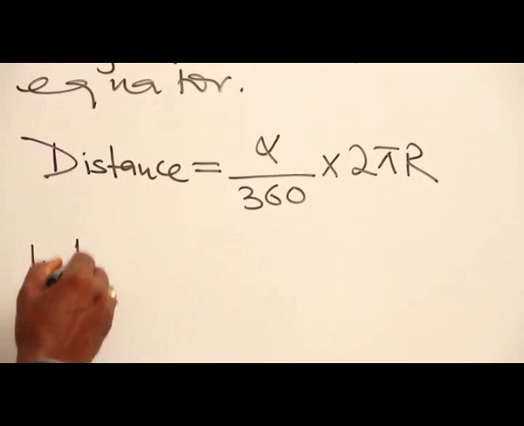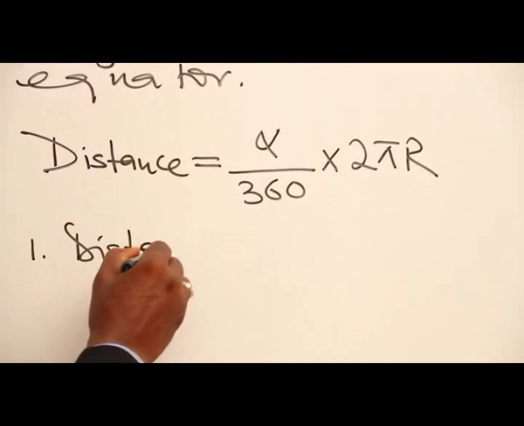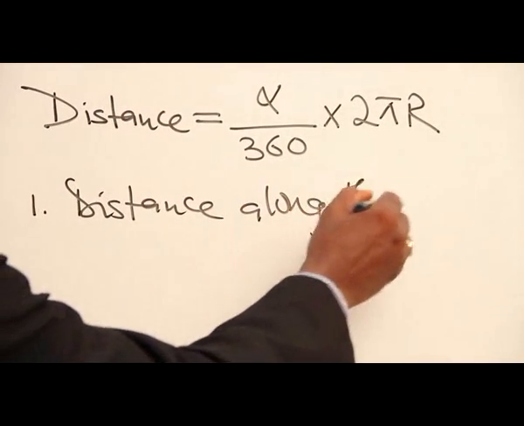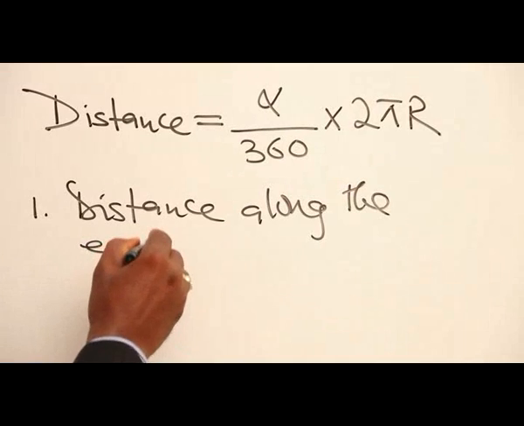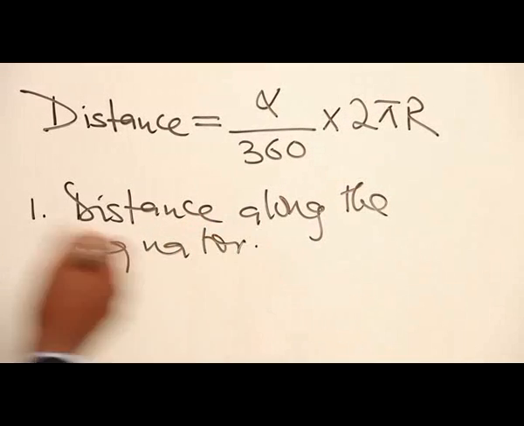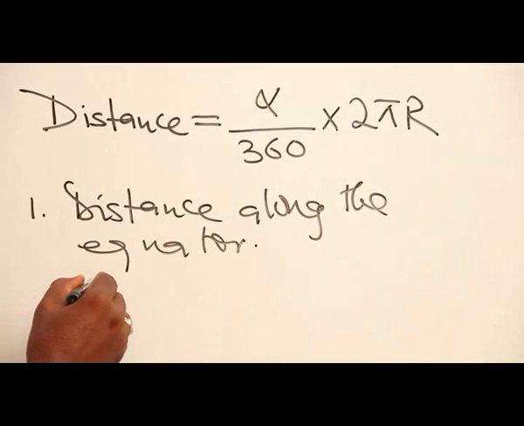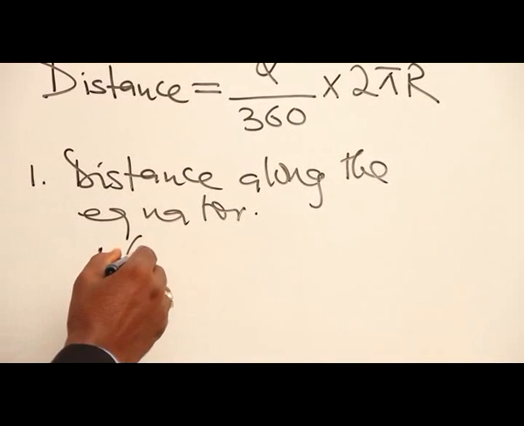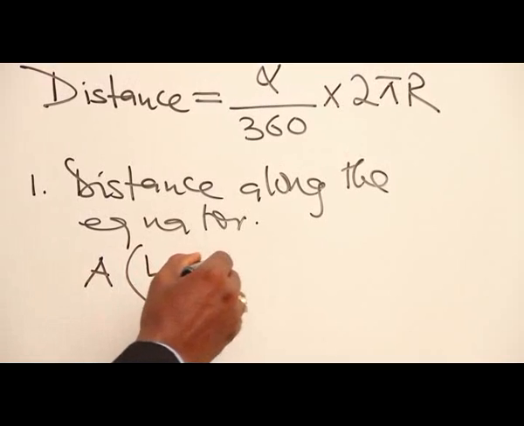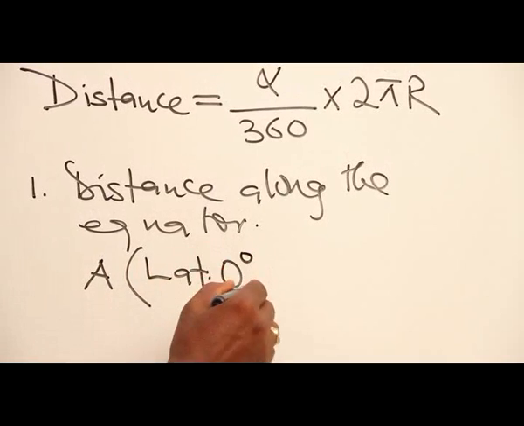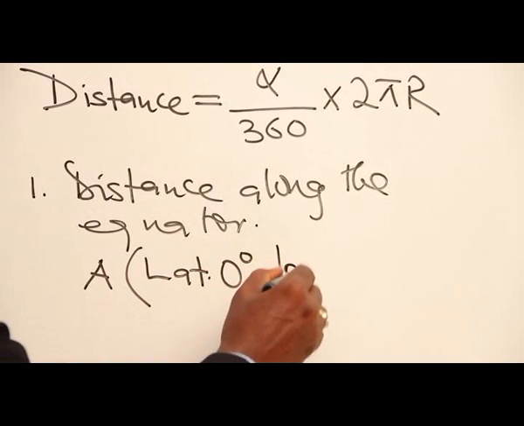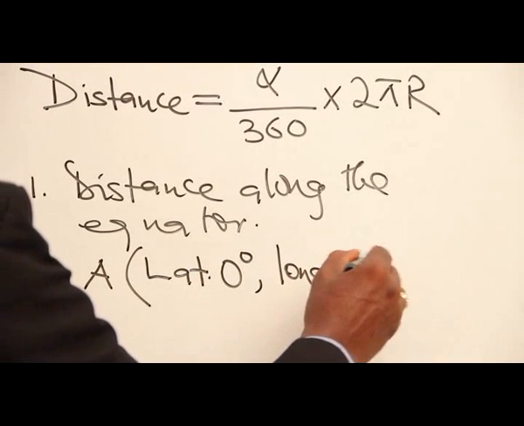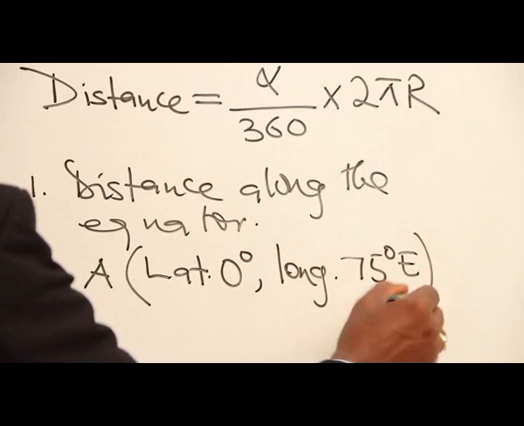1. Distance along the equator. Let's assume that there's a location A on the equator, and of course we know that the equator is latitude 0 degrees, and let's assume we have the longitude here as 75 degrees east.